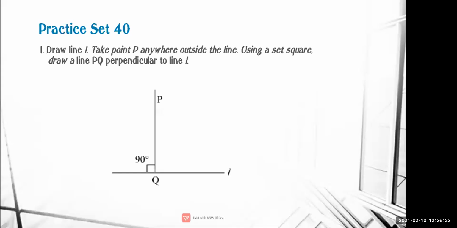Using a set square, you have to draw line PQ perpendicular to line L. Same sum but a little different. It was inside, now it is outside. You have to draw the line and the point P.